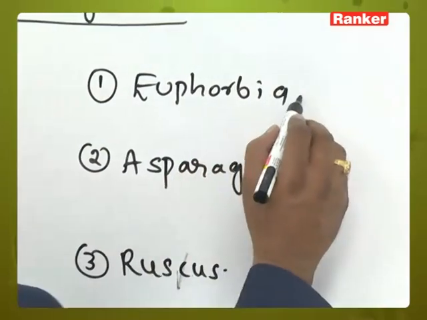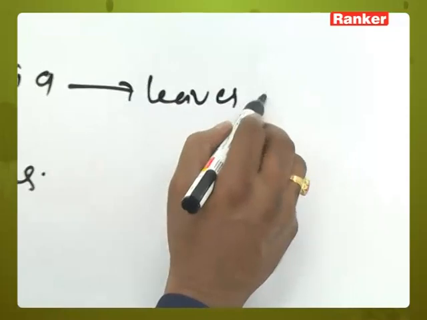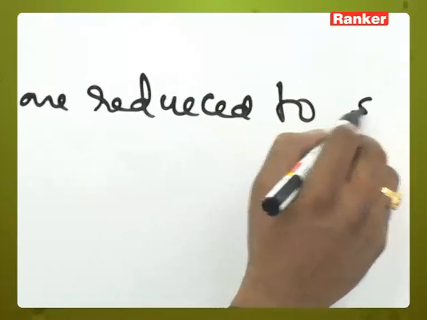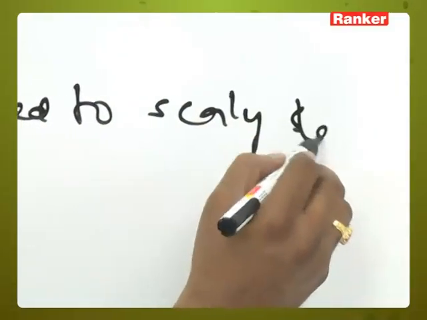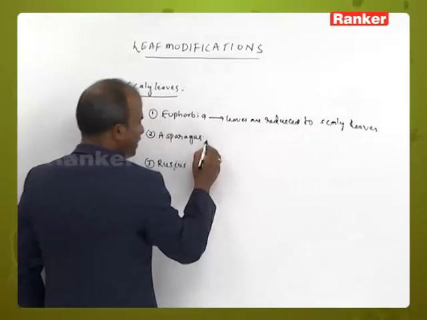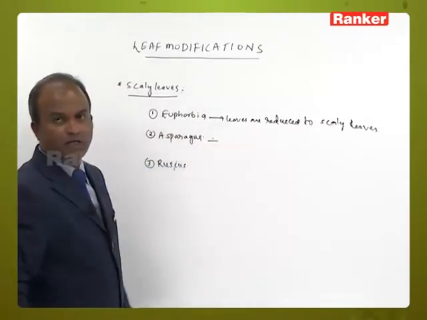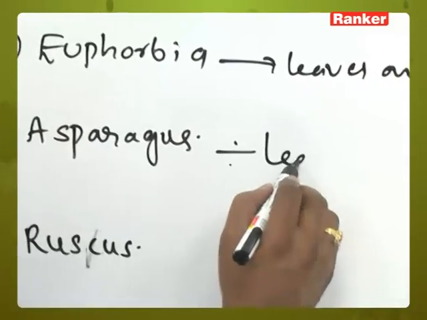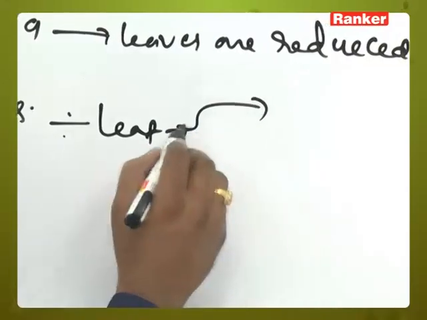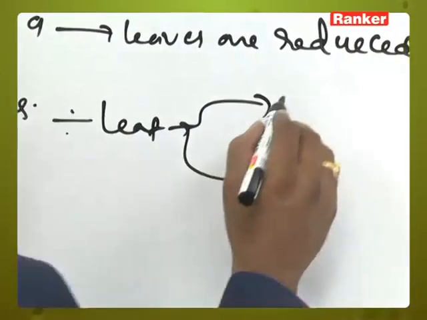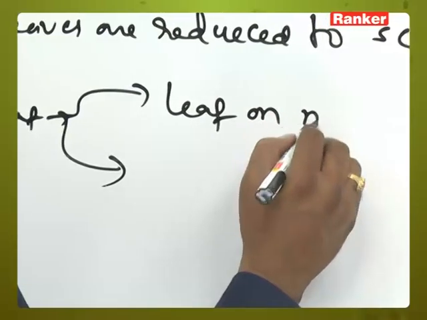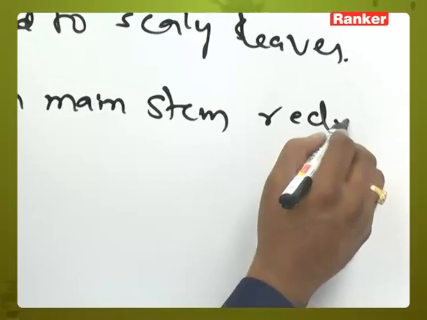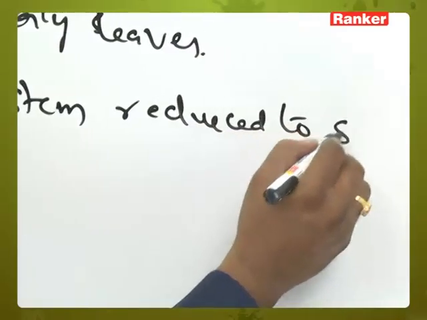In euphorbia, leaves are reduced to scaly leaves. Whereas in asparagus, how many modifications does the leaf show? Two modifications. The leaf on the main stem is reduced to spine.